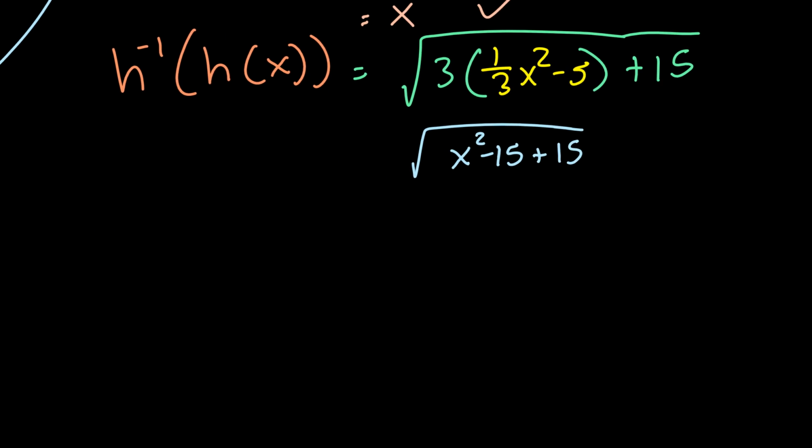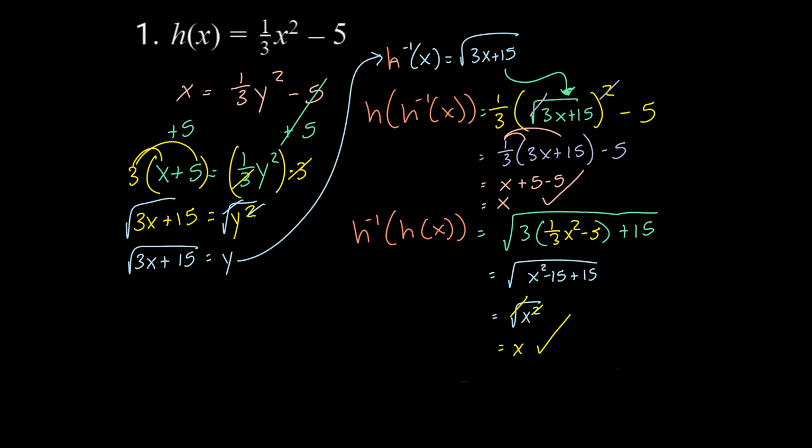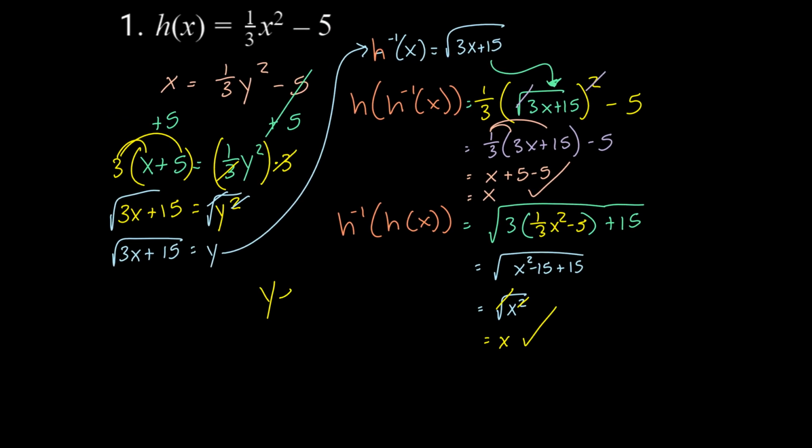And then what's negative 15 plus 15? So I'm left with just square root of x squared. And what happens here? What is the square root of x squared? The square and the square root cancel, and I'm left with just x. So, did my check work out? Yes. These are inverses.